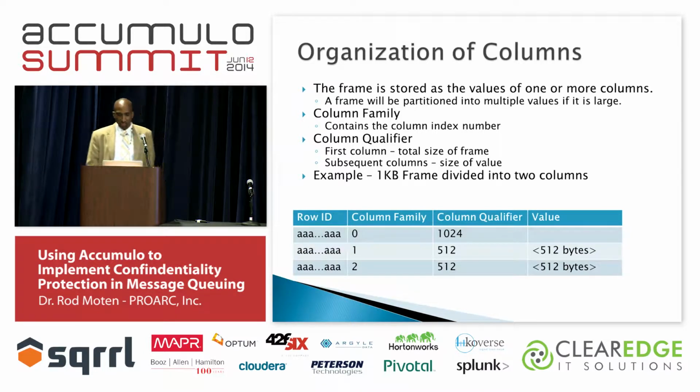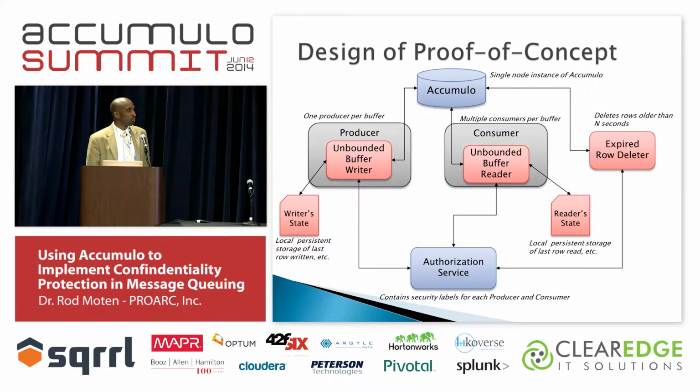So here's the design of a proof of concept that we created because we wanted to see how well Accumulo would work if we wanted to send frames, aiming for around 25 frames per second. At the top, we just have a single node instance of Accumulo.